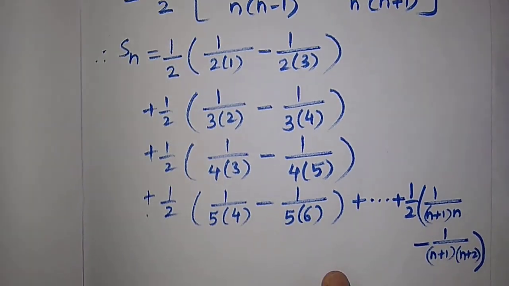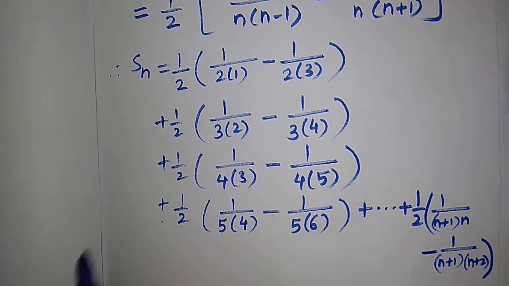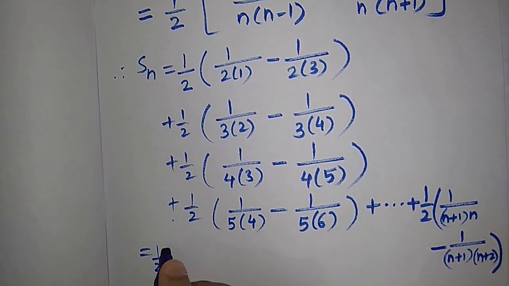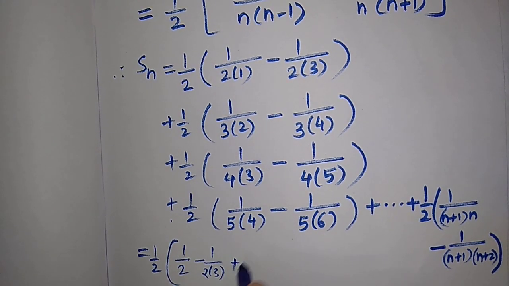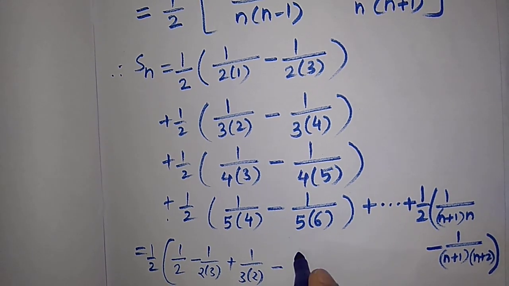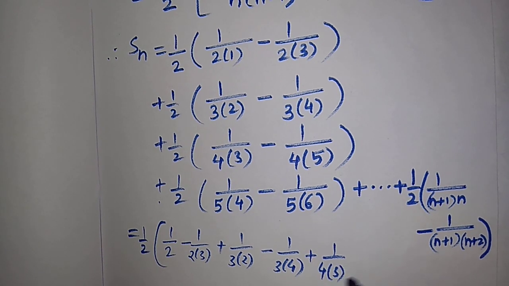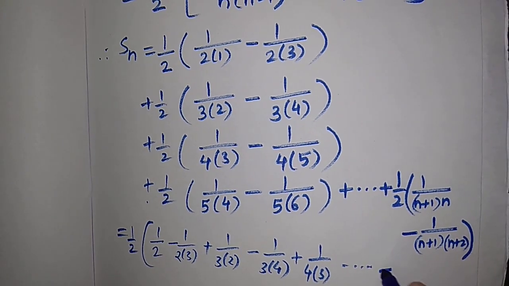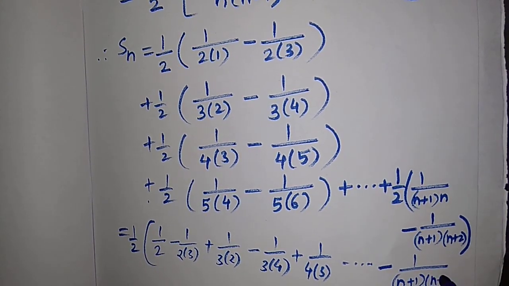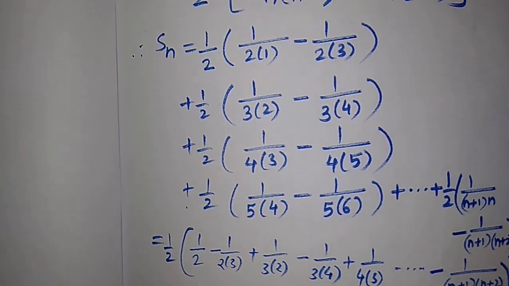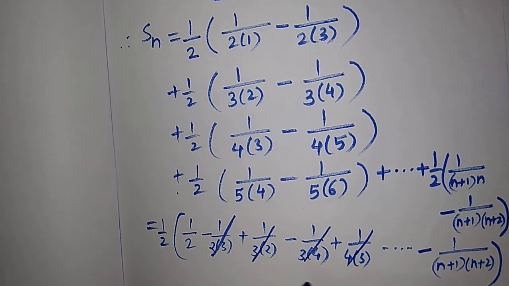Now see here, when you open the brackets, 1 by 2 is common, and it is 1 by 2 minus 1 by 2 into 3 plus 1 by 3 into 2 minus 1 by 3 into 4 plus 1 by 4 into 3 and so on, minus 1 upon n plus 1 into n plus 2, because this term will get cancelled with this, so consecutive terms are getting cancelled.